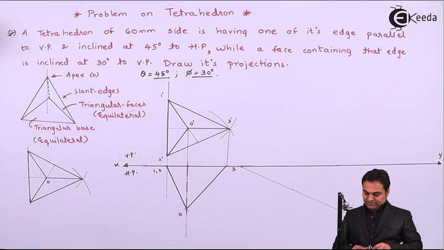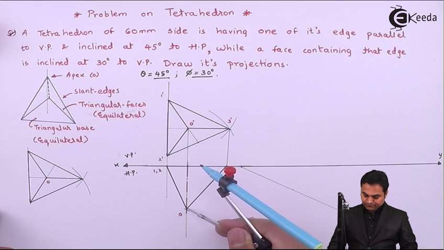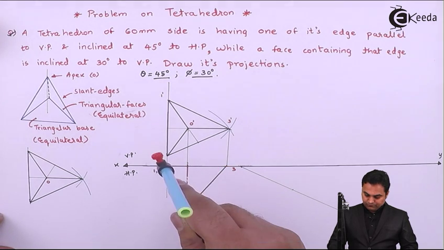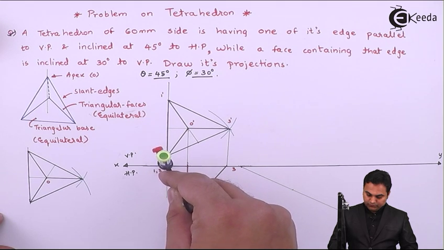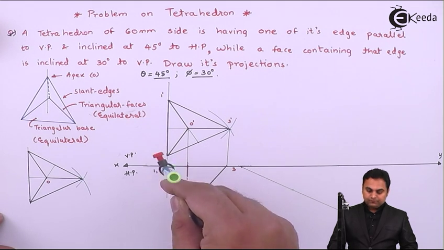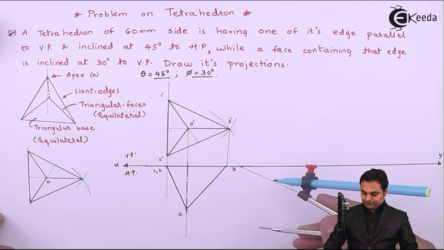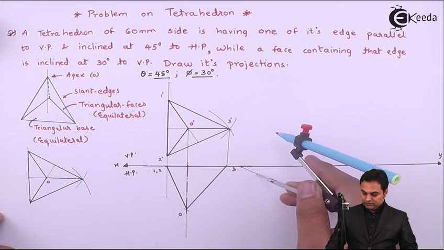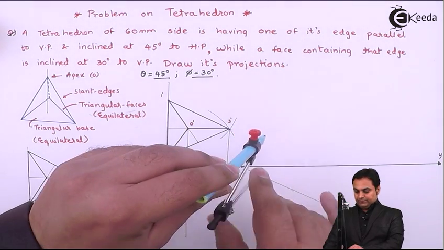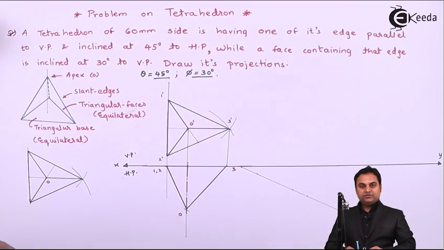Next, I'll measure this edge, which is from O up till 1 to 2, and then marking it over here. Keeping this point, marking this distance here.